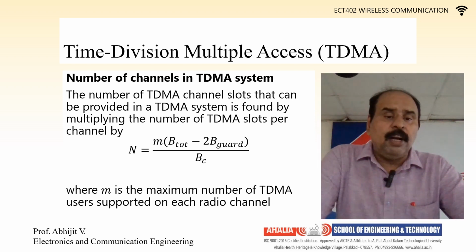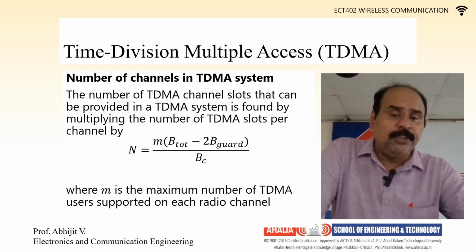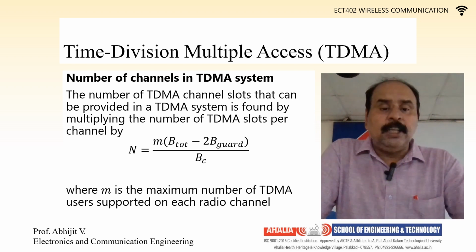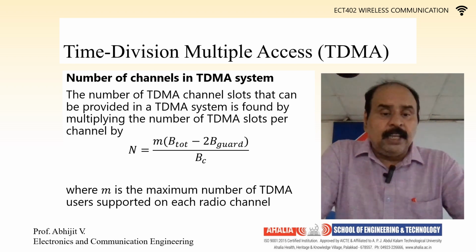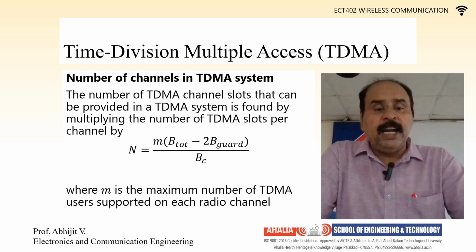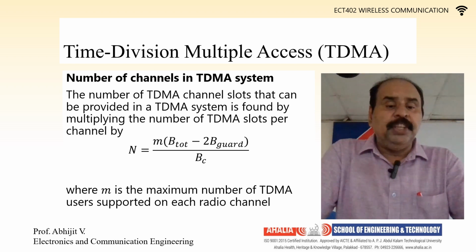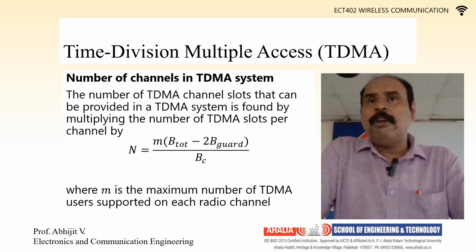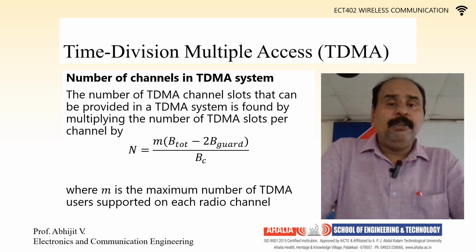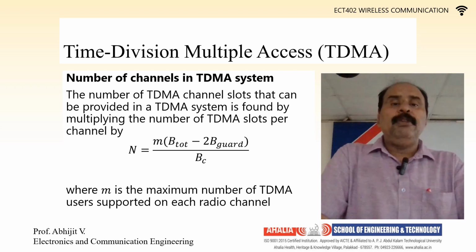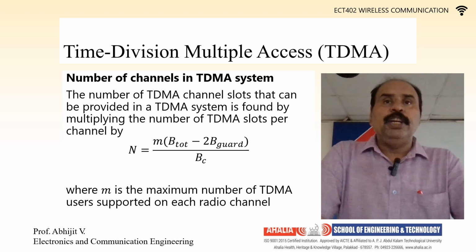The number of TDMA slots that can be provided in a TDMA system is found by multiplying the number of TDMA slots per channel, and is given by N is equal to M into (Bt minus 2 Bguard) by Bc, where M is the maximum number of TDMA users supported on each radio channel. Rest of all the terms are already defined, right?